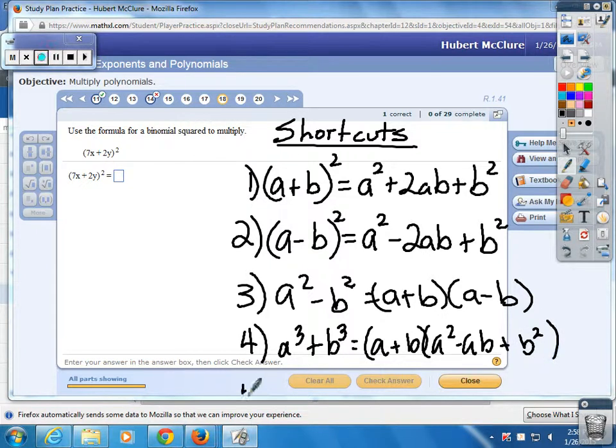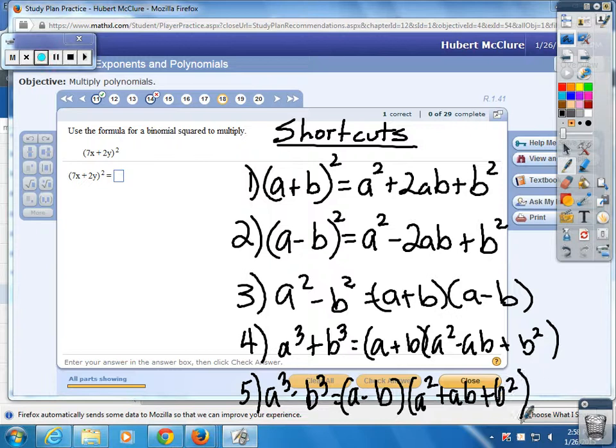And then number 5, a cubed minus b cubed is equal to a minus b times a squared plus ab plus b squared. So there's 5 shortcuts. Make sure you know them. Make sure you know how to use them.